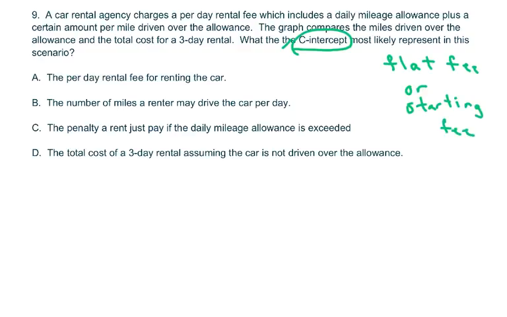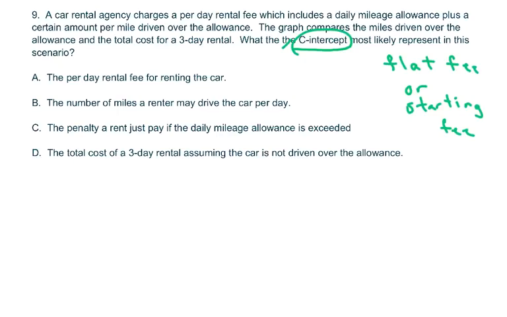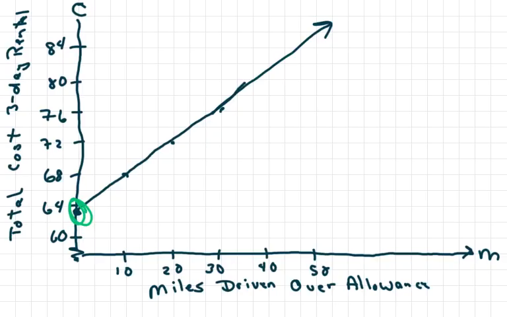They give you a graph, and I drew it here. So basically they're looking at this right in here. What does that represent? With the miles driven over the allowance plotted along the horizontal axis, we want to see the point that's going to be 0, 63. So that's this point right in here.